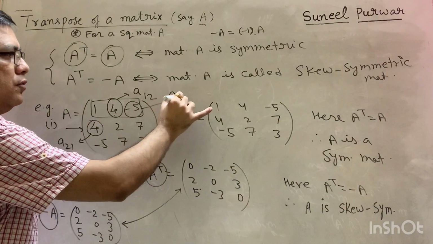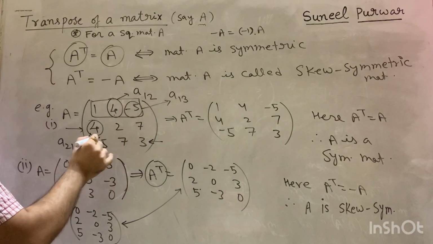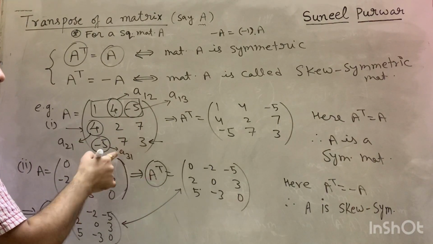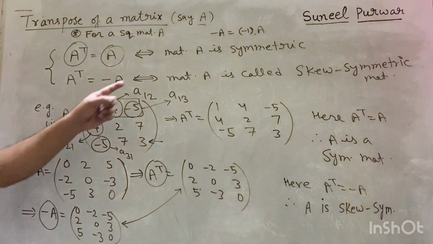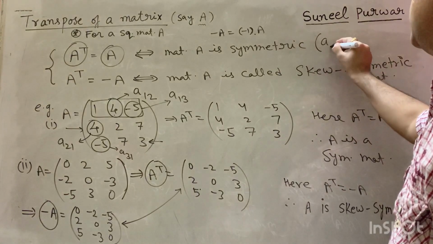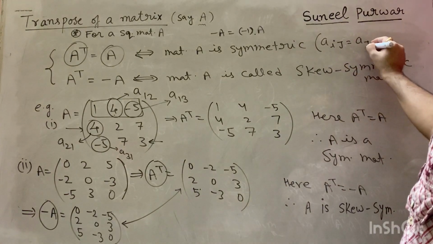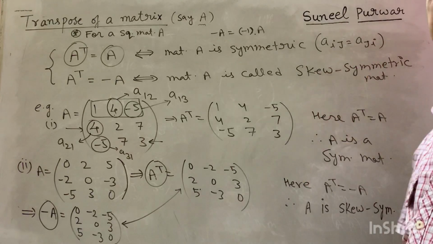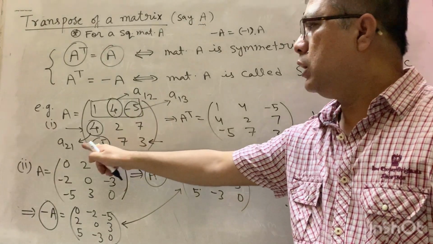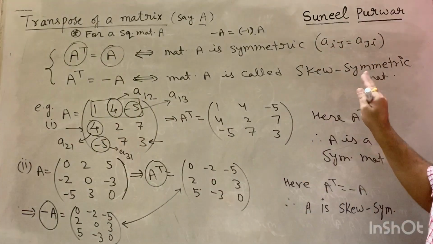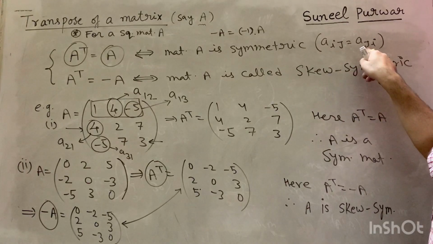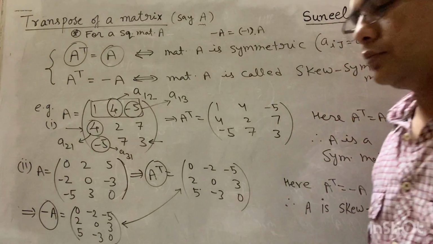First row, third column, which you find again in the third row and first column, A31. So what you notice in a symmetric matrix? Aij will be equal to Aji. A13 is equal to A31. A12 is equal to A21, and the trend will continue for every element of A.